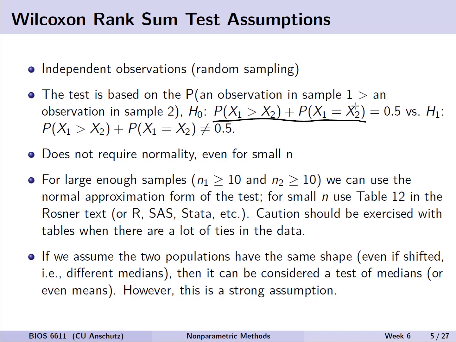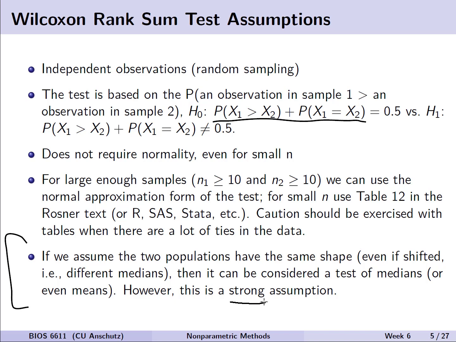And the one caveat I want to make is that, strictly speaking, in all cases, this will be true: the null hypothesis is that the mean ranks are the same between groups. However, in our last point here, if we assume the two populations we're sampling from have the same shape, even if they're shifted around, so maybe they have different medians or mean values, then the Wilcoxon rank sum test could be considered a test of the medians or potentially even the means, depending on the distributional shape.